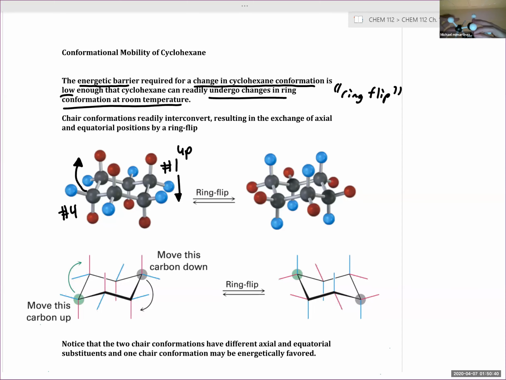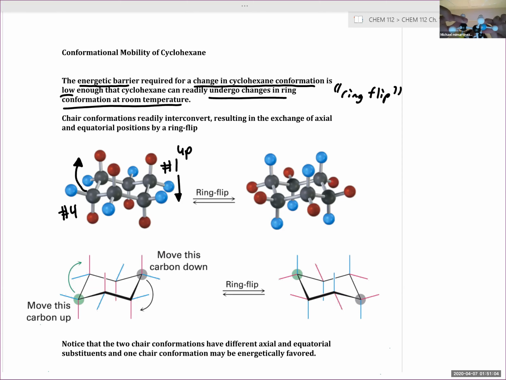Now, as a consequence of this, and it's really easy to see with a model. Okay, so here we go. So carbon number 1, which is yellow, is pointing up. Carbon number 4, which is blue, is pointing down. In a ring flip, I bring my yellow carbon down and my blue carbon up.